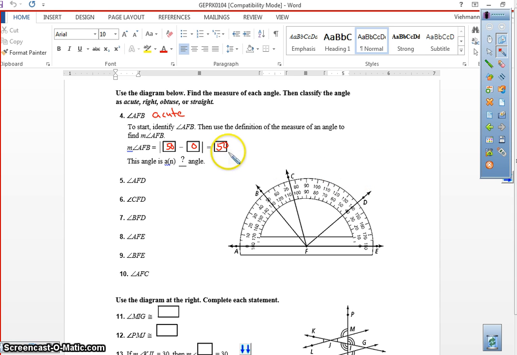All right, so if it's 50 degrees, it's between 0 and 90, which is an acute angle. Next one, AFD. So angle A to F to D. We'll start here at 0, work our way all the way around. That is 140 degrees, which would be an obtuse angle.